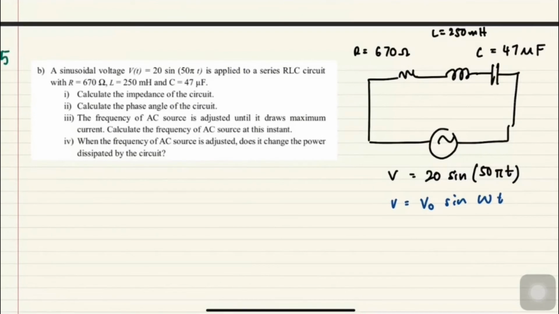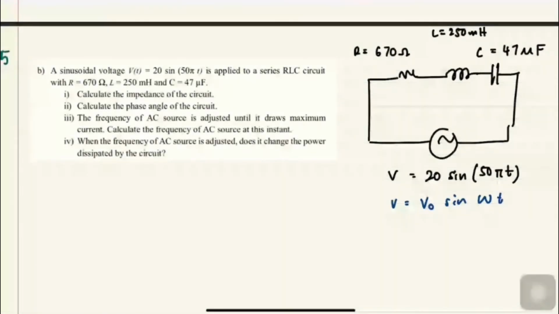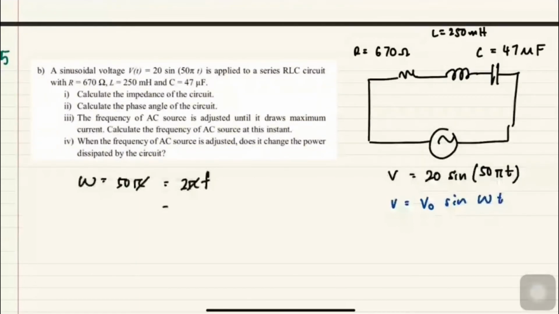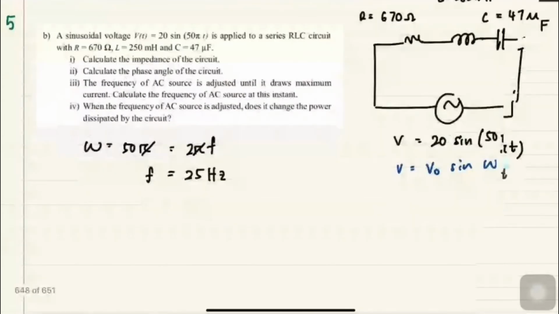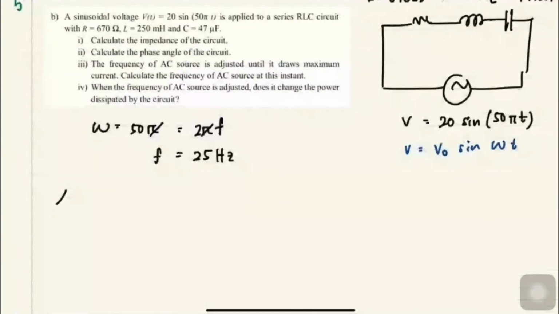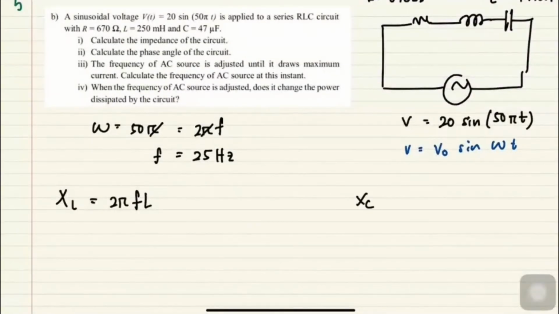So you want to compare these two equations. So my omega is equals to 50 pi, which is equals to 2 pi f. Potong. Frequency saya adalah 25 Hz. Okay. Once I got the frequency, I can straight away calculate XL and XC. Kalau XC, 1 over 2 pi fC.